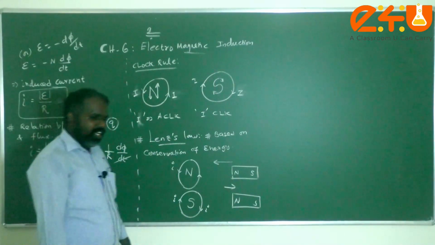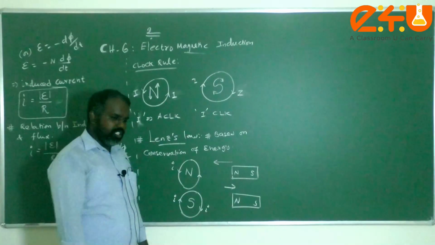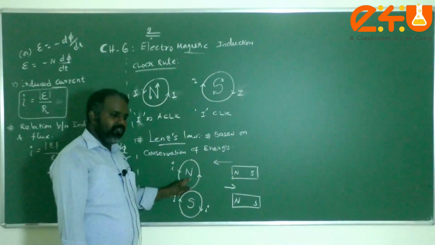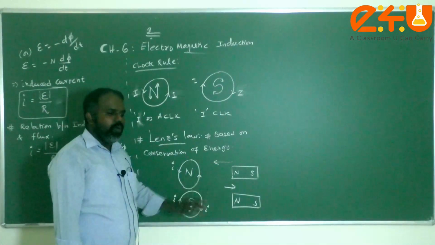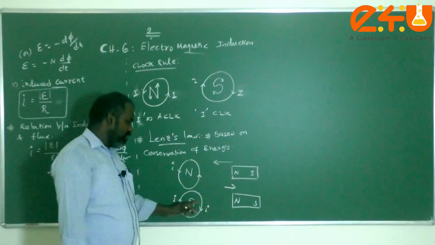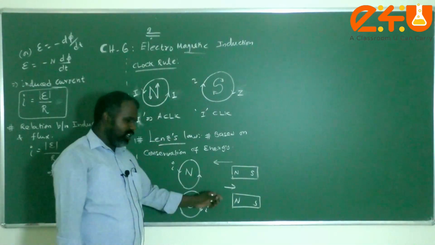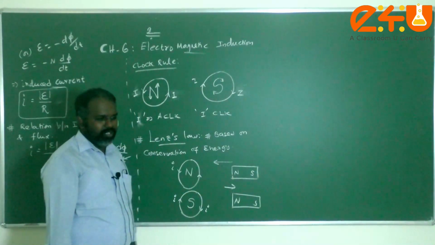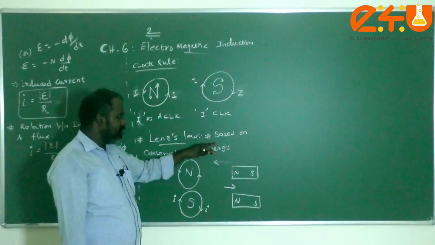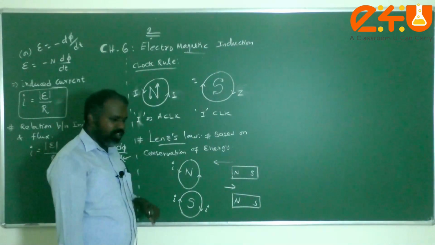Clockwise, what children? Direction. That is the very simple concept. The direction of the induced current will oppose the motion. In this case there will be an attraction, and that will oppose the motion of the bar magnet. It's a very simple concept, based on the conservation of energy.